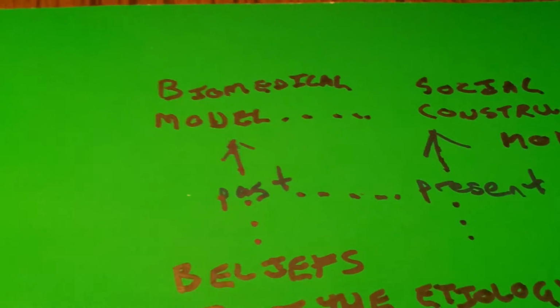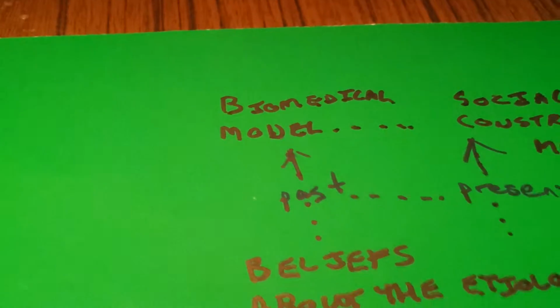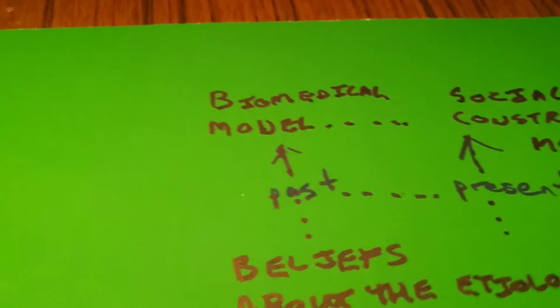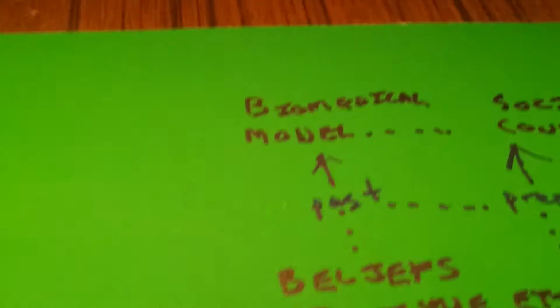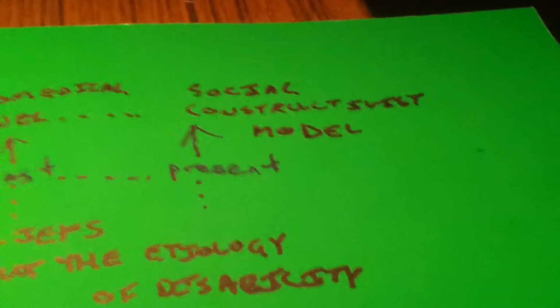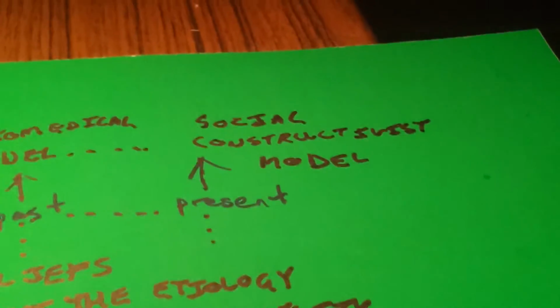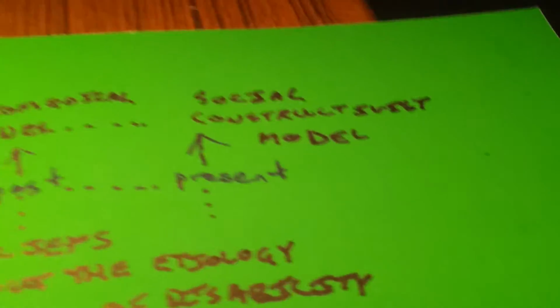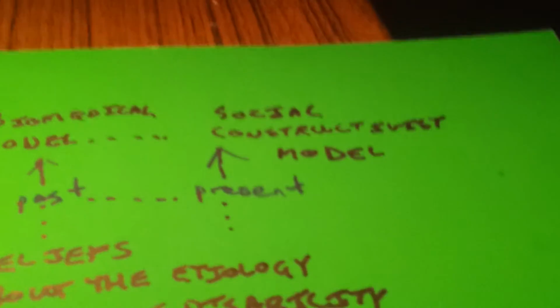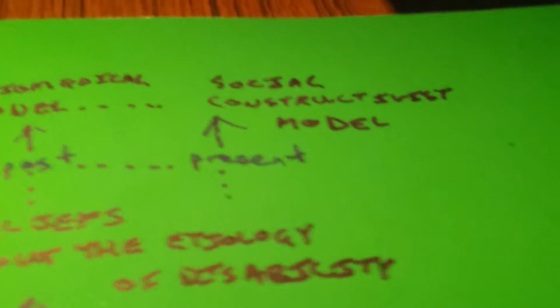People with developmental disabilities were viewed as patients who were sick, who were flawed, who were broken, who had something wrong with them. And now we are moving towards a social constructivist model, where we see that people don't have disabilities. Rather, we live in disabling societies, and it is our collective attitudes and our collective beliefs that create disability.